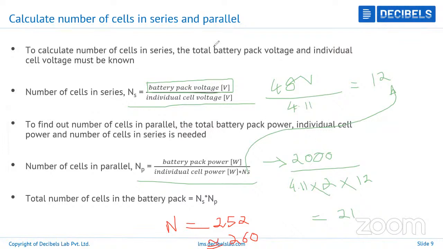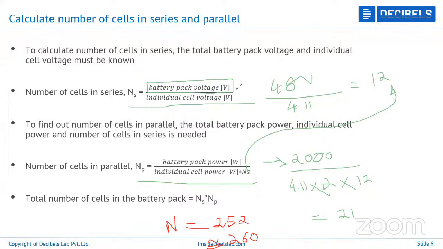So has everyone found out? 2 amps is the current. Yes, I've just arbitrarily assumed that one cell is supplying 2 amps. So your total power would then be 4 volts into 2 amps. As I said, 2 amps is arbitrary, I'm assuming it to be 2 amps.